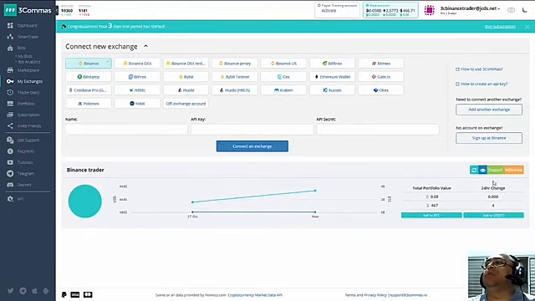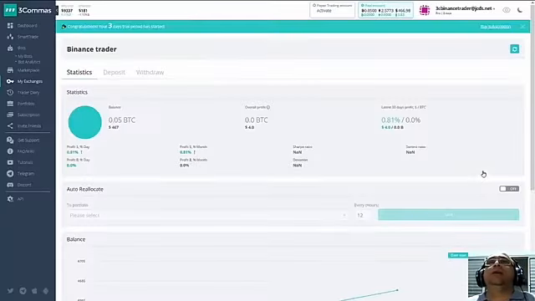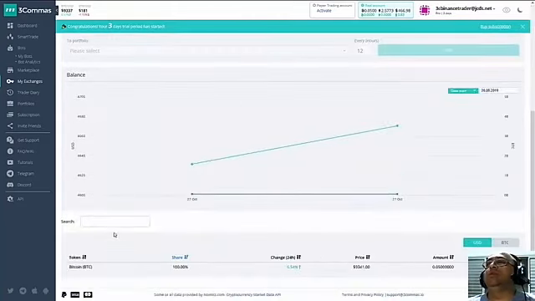I can even deposit and withdraw here, and I can also click here to view my assets on the exchange, the same way you would look for on Binance. So here I can see my portfolio, and here I can see my tokens, which coins I have on the exchange. As the bot starts to trade, other coins will appear here.